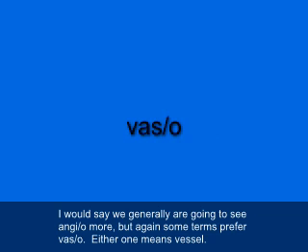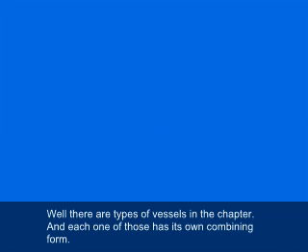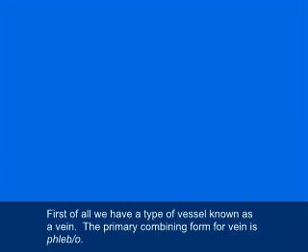We also have vaso, VAS/O. I would say we generally are going to see angio more, but again, some terms prefer vaso. Either one means a vessel. Well, there are types of vessels in the chapter, and each one of those has its own combining form. First of all, we have a type of vessel known as a vein.